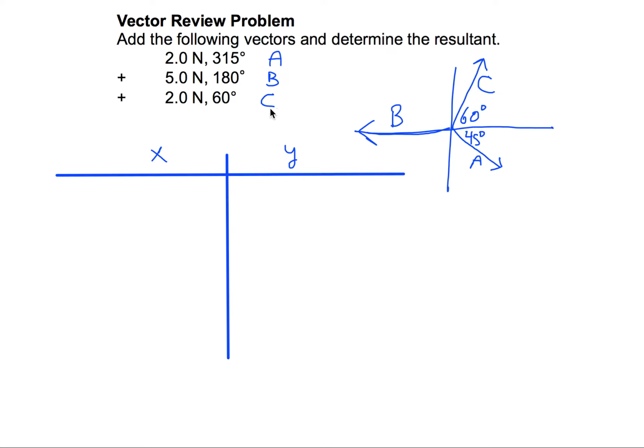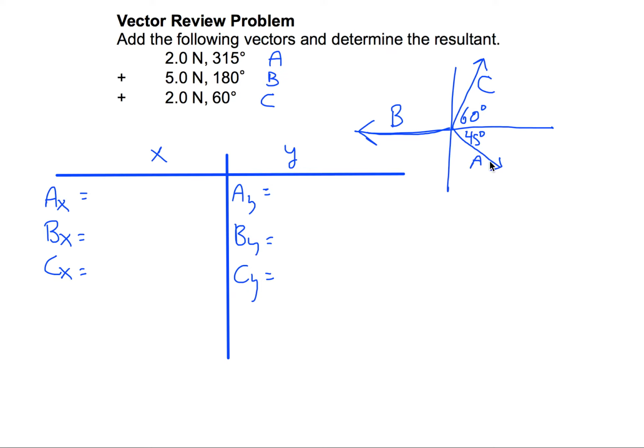I have three vectors, each of them have an x and a y component. So my first step is to write down, okay, what is the x component of each vector and what is the y component of each vector. And I always start by writing all of this. If I have three vectors, I write down the 6 components and then I figure out what the values are to plug in.